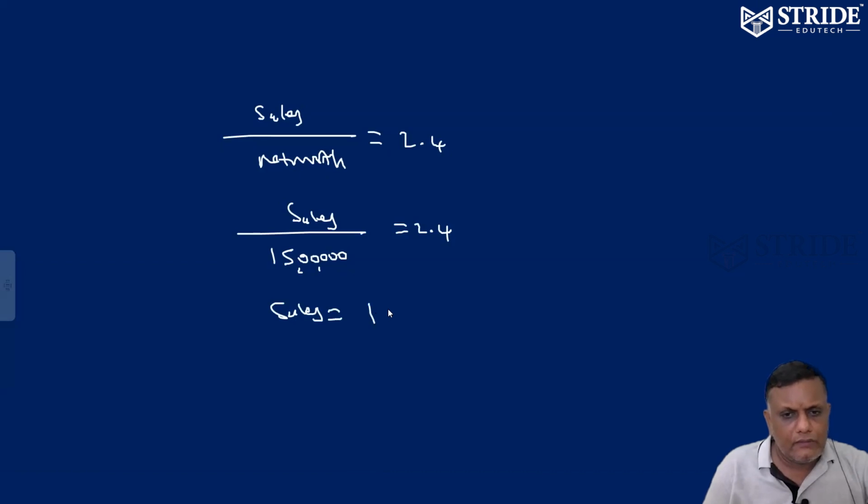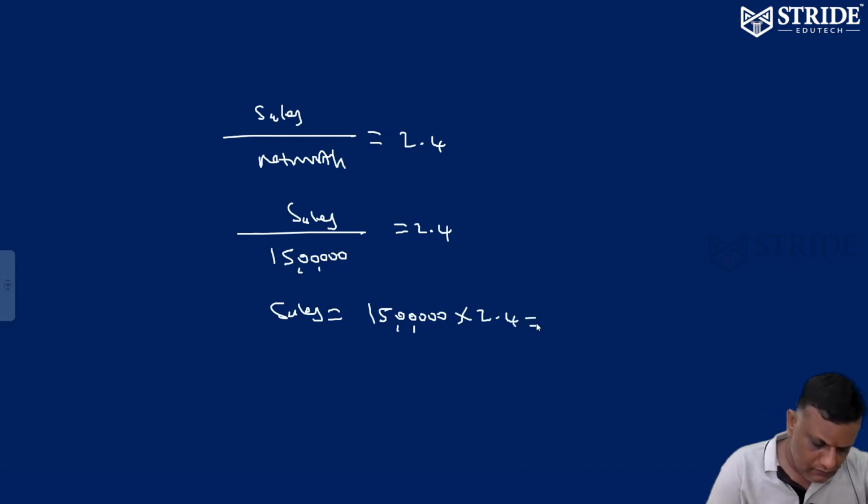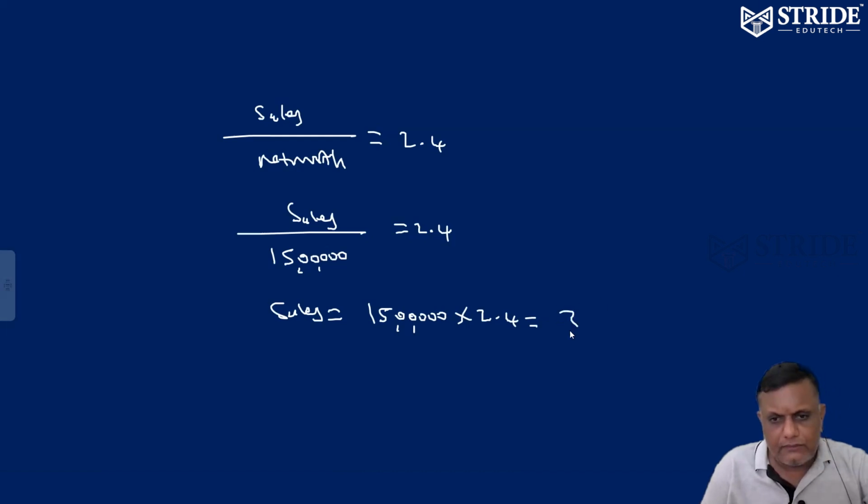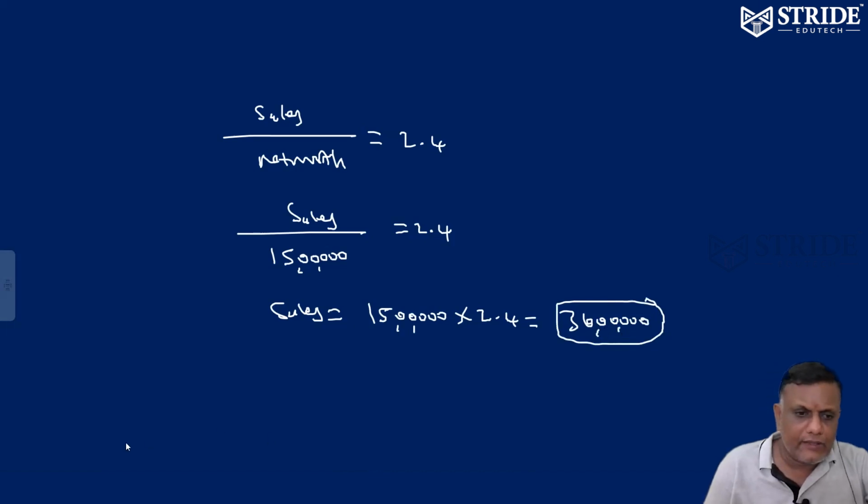Sales is 15 lakhs into 2.4. It's going to be how much? 36 lakhs. So sales going to be 36 lakhs.